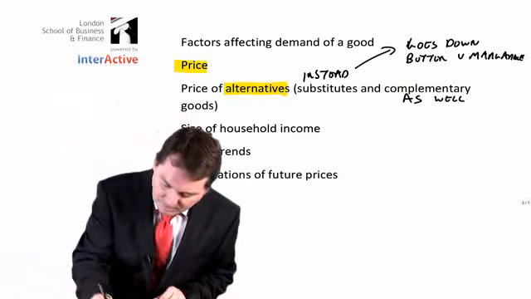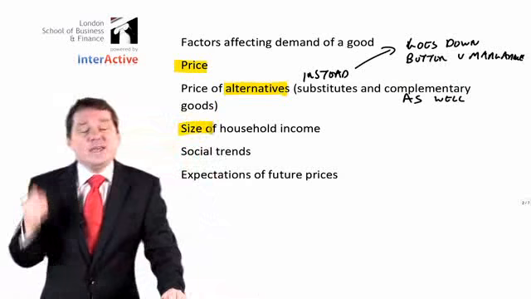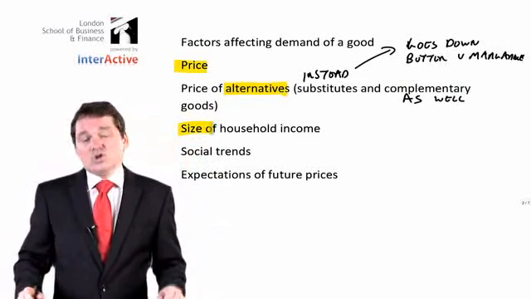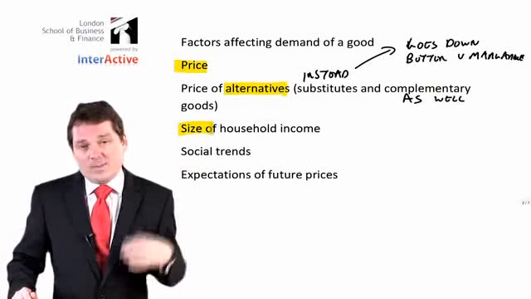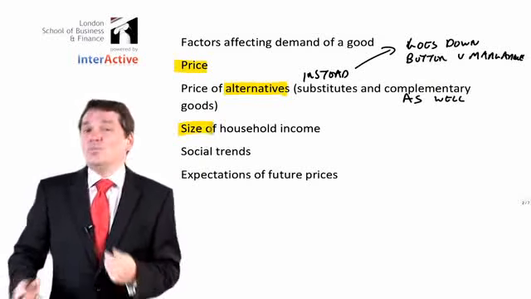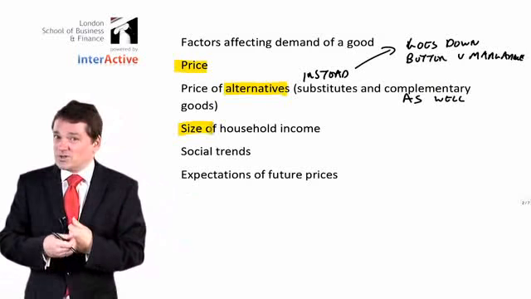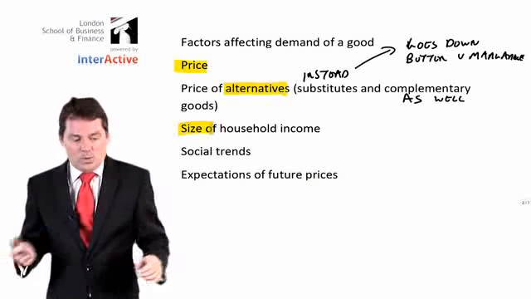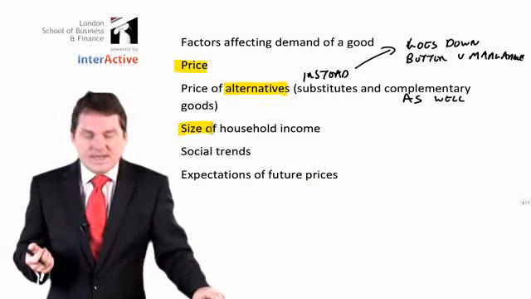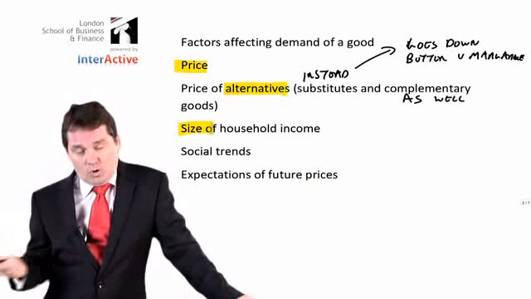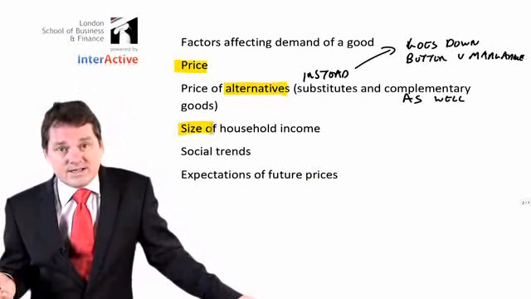The size of income. People can only buy things if they can afford it. So if people are becoming wealthier, in general, demand goes up, but demand for certain products might go up faster. A good example at the moment is China, where the income of a lot of places is rising.